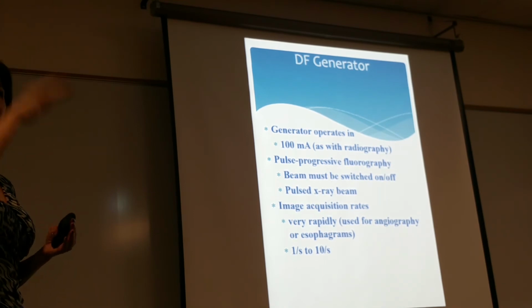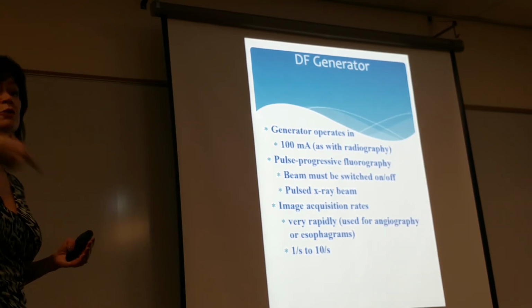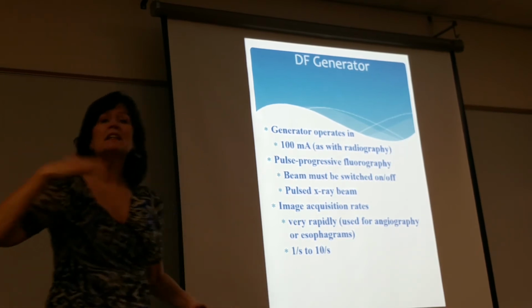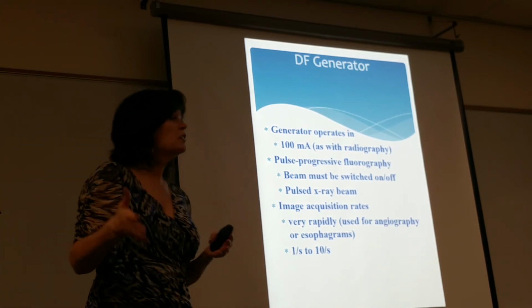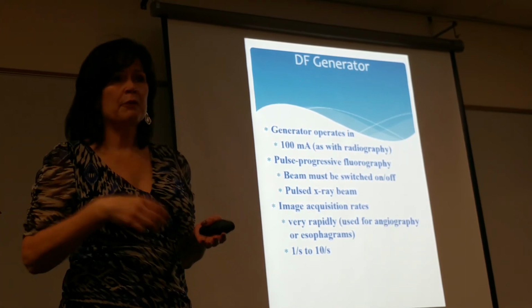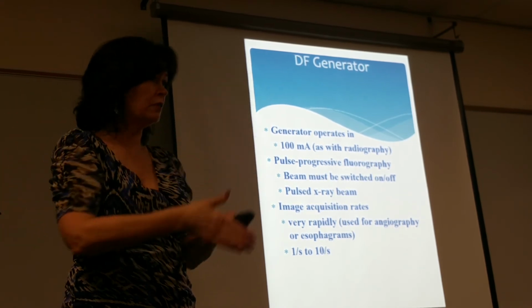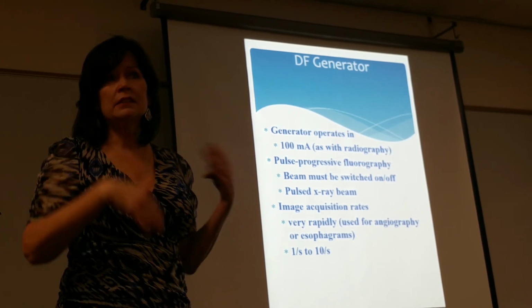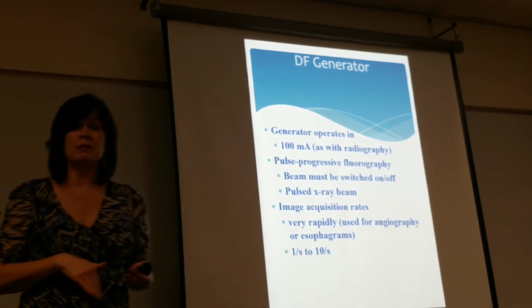I know we have 3/s, so that means 3 images per second acquisition rate, or it can go up to 10 images per second. So it can change. For an esophagram, you may want to go higher to capture all the motion. If you're doing an upper GI, it's slower, right? You can go to a lower image acquisition.